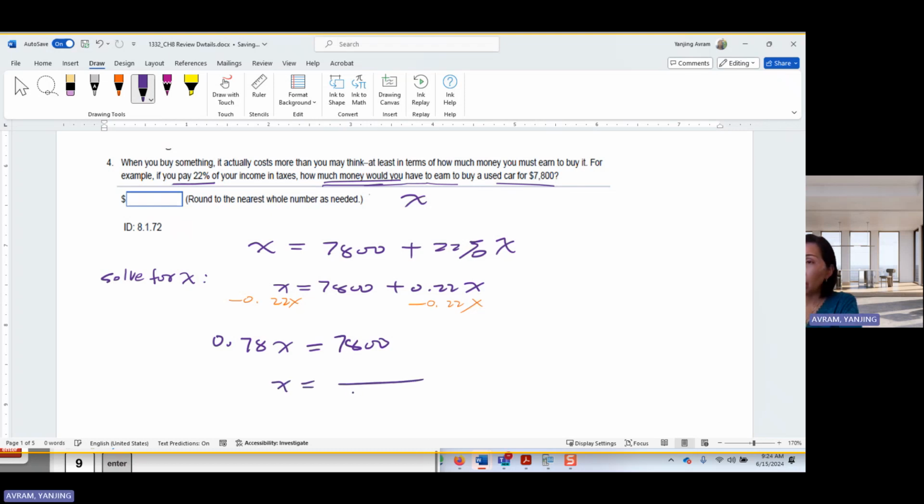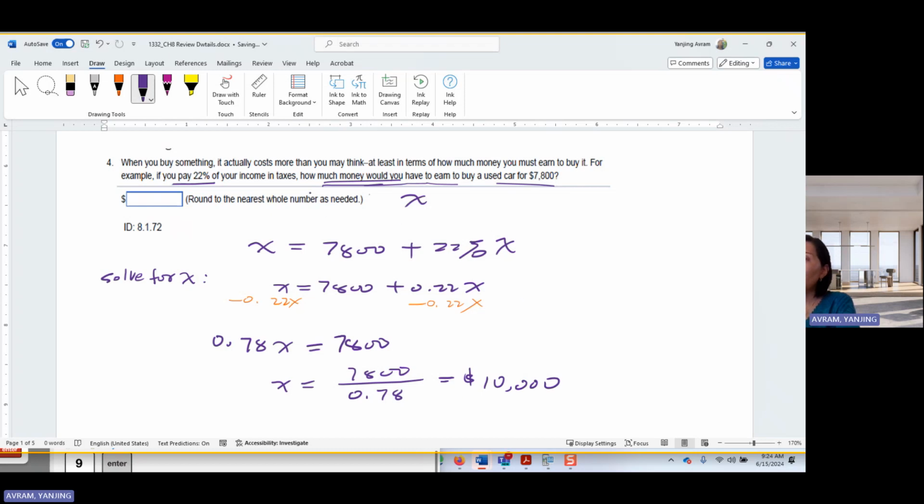Then we divide both sides by 0.78, and we cancel the decimal point away, or you can just use the calculator, right? So that gives you 10,000.